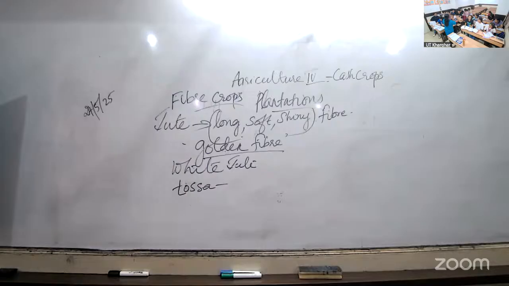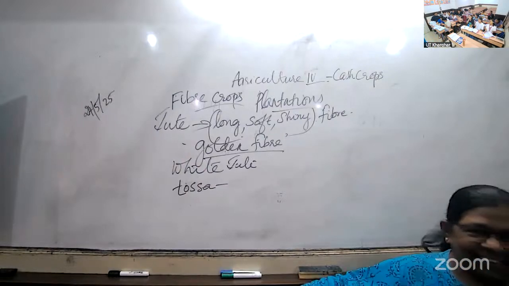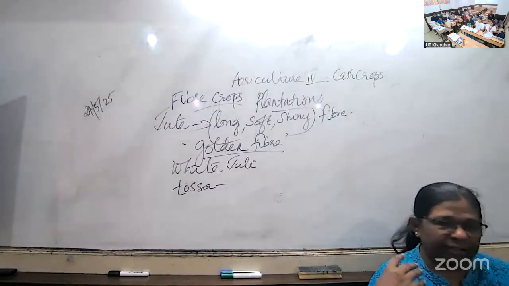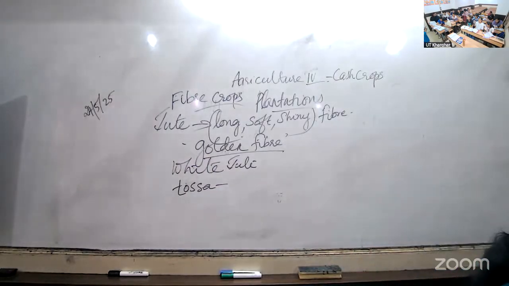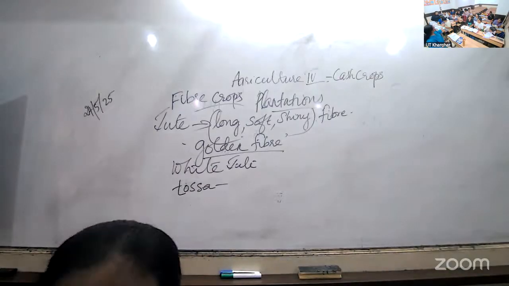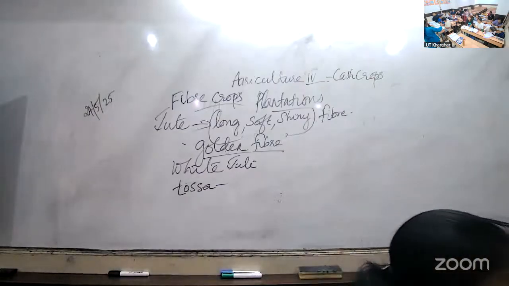Rope is made of wire and all. So this is a smaller one, a thin thread. Okay, that is what twine is. Clear? Next is carpet. Have you seen jute carpets?